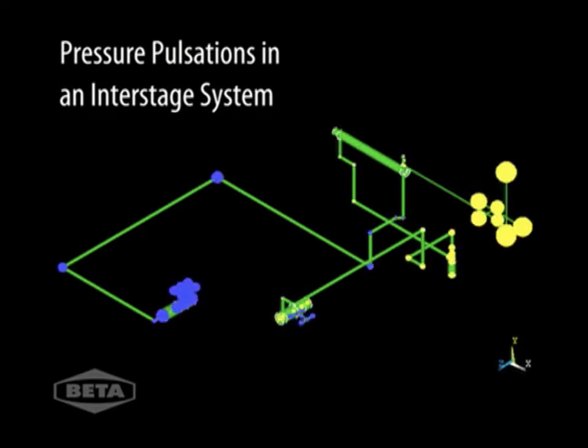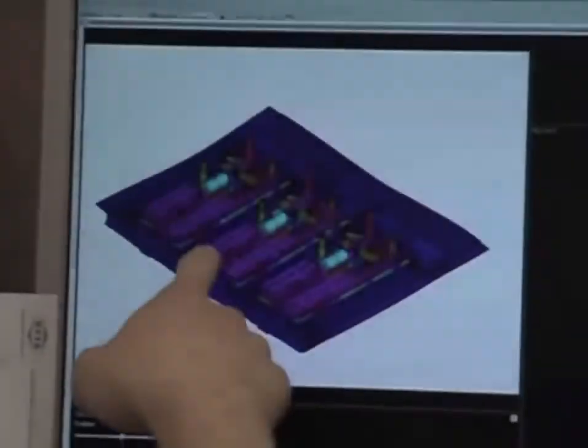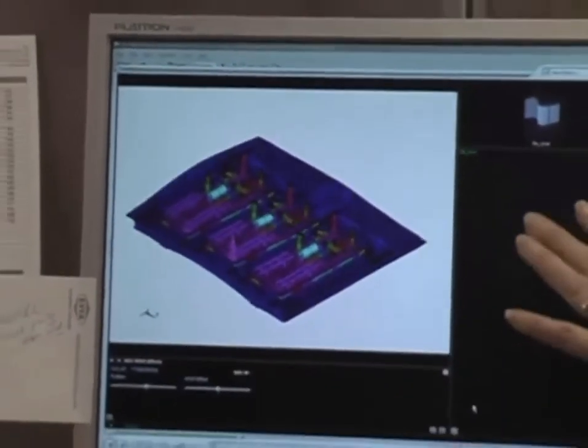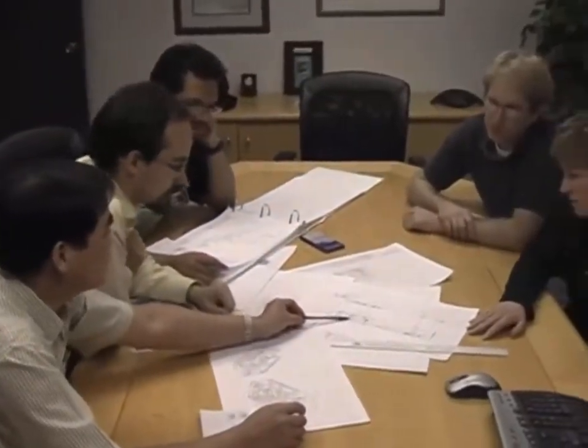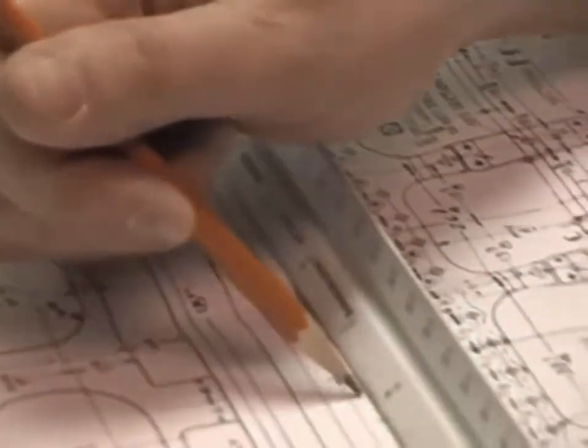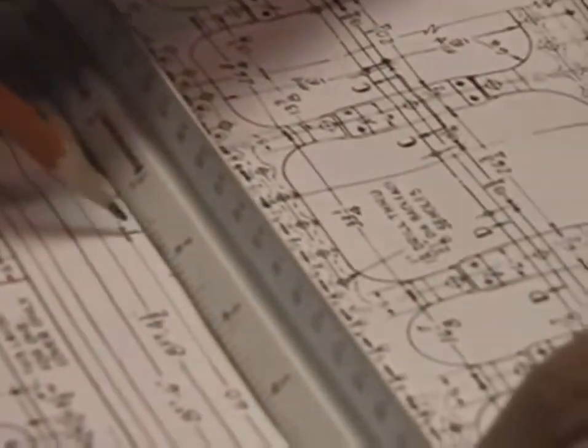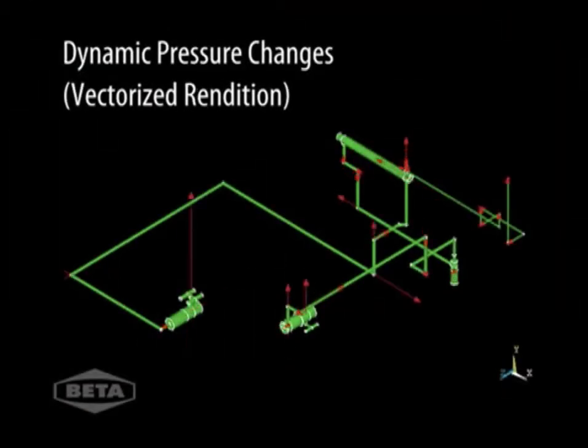Plane wave theory is used to predict these pressure standing waves. Using our unique software tools, we can assess the pulsations throughout the package and for every different operating condition. Knowing the geometries, we can convert the dynamic pressure changes to unbalanced forces. The red vectors are forces, and the arrows indicate the direction of force.